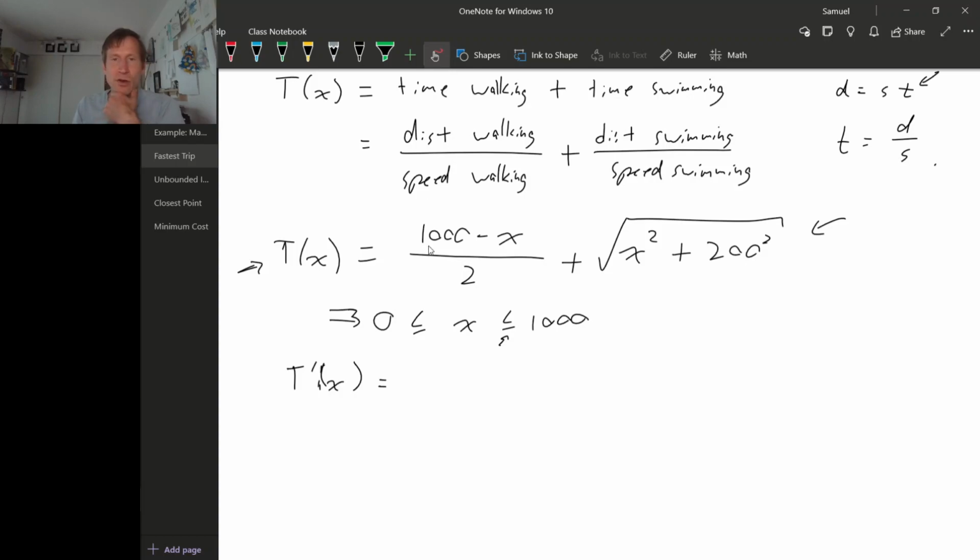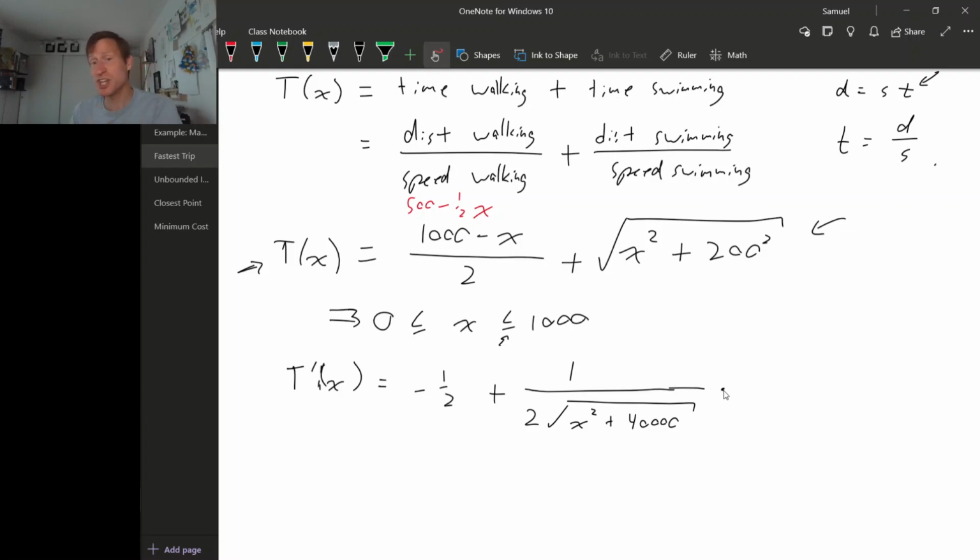All right, so let's see, 1000 minus x over 2. Another way to write this is 500 minus 1/2 x. So when we differentiate that part, the 500 goes away. We're left with minus 1/2 plus, now the derivative of a square root, that's 1 over twice the original square root, so x squared plus 200 squared, which is 4 with 4 zeros after it, 40,000.